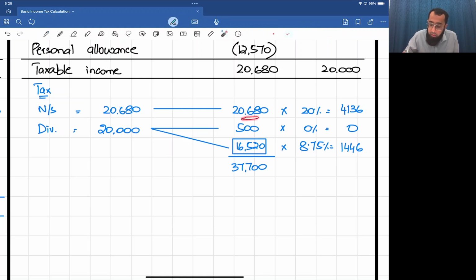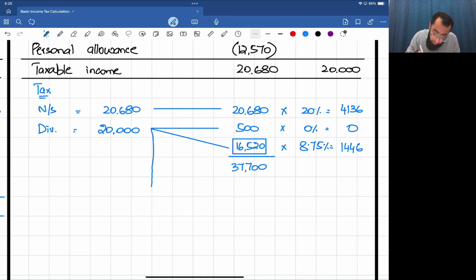Your non-saving income till 37,700 is taxed at 20%. It was 20,680 taxed at 20%. Dividend income first 500 at 0%. Then the remaining space in band taxed at 8.75%.